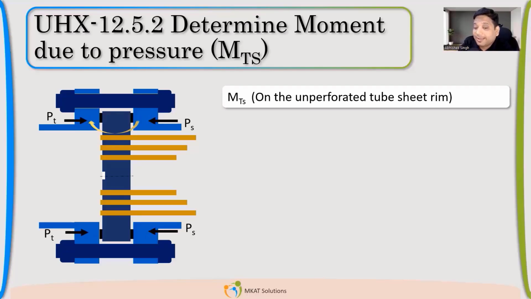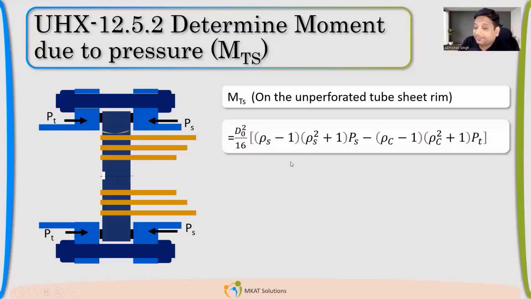This is because of, see, this area, if it is different, this linear dimension, and there is internal pressure. Because of internal pressure, there will be a moment created on this unperforated portion. That is what we are trying to calculate. That is the MTS. This is the formula for MTS.